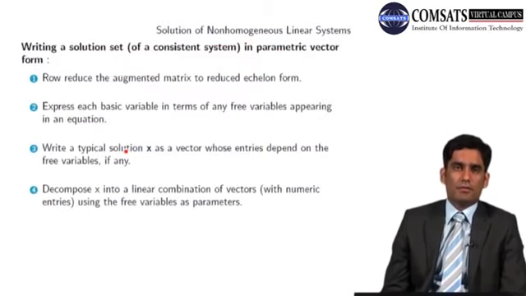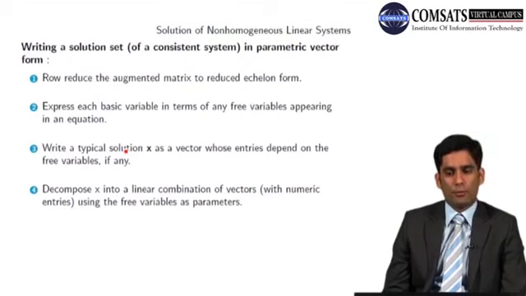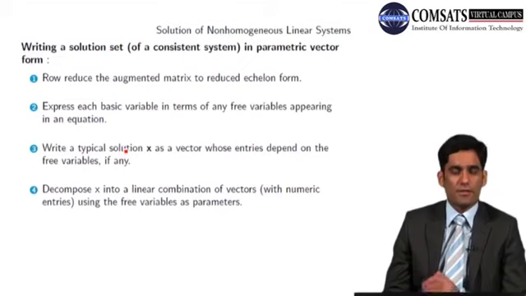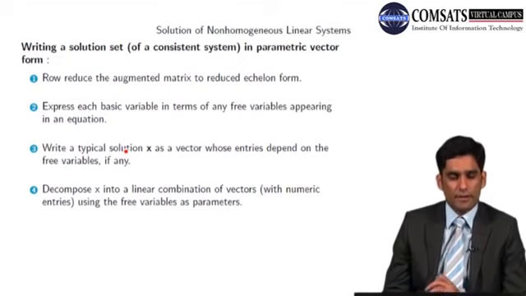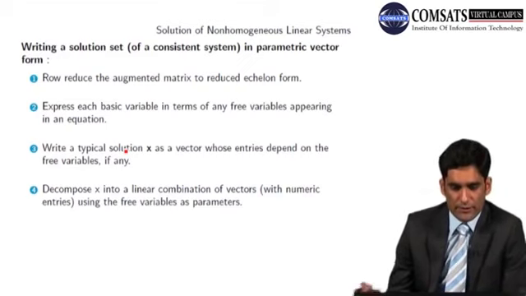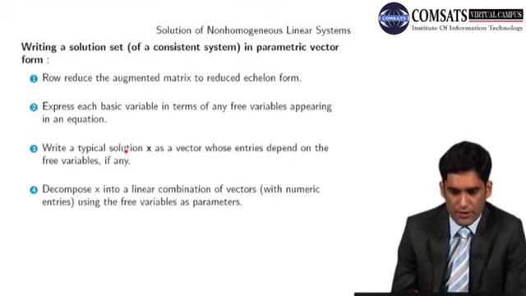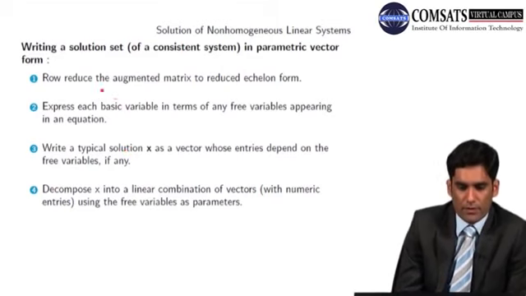How to write down the solution of a homogeneous or non-homogeneous system of linear equations? What are the steps? If the system is consistent, write the solution set of a consistent system in parametric vector form.